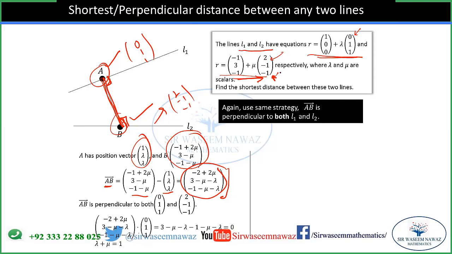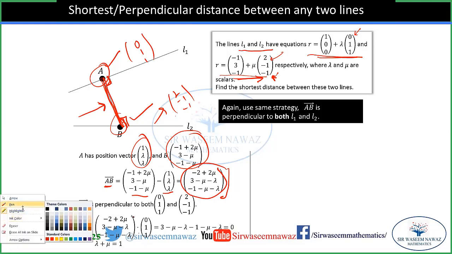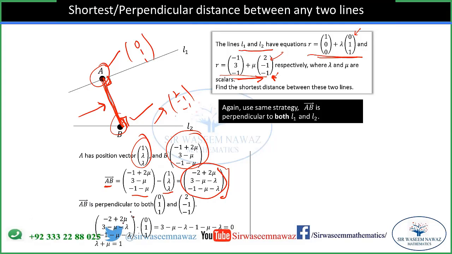So it means that the direction vector of this line AB is perpendicular to this one and is perpendicular to this one as well. So when I take the dot product of AB with 0, 1, 1, that must be equal to 0. So I get one equation, lambda plus mu equals 1.